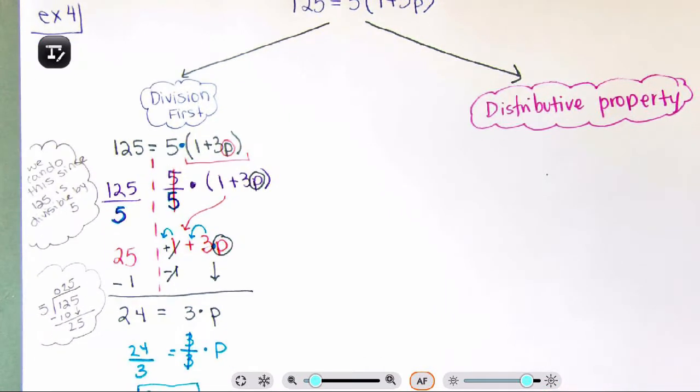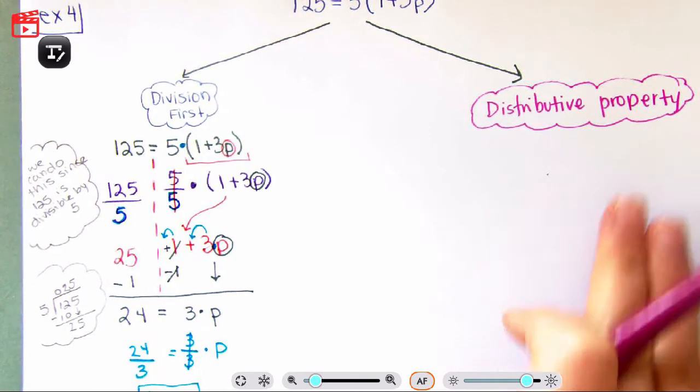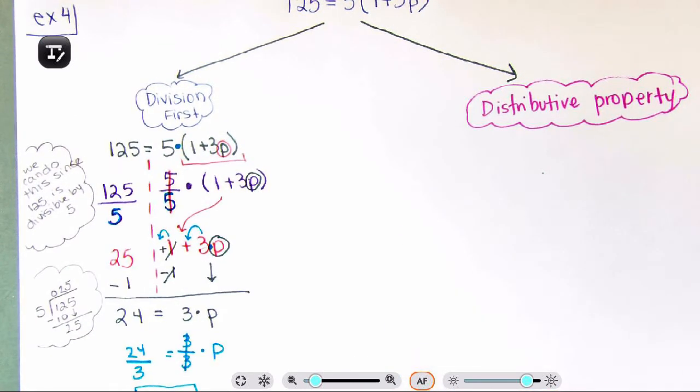If you don't know what the distributive property is, I'm pretty sure I have a video up on that. If I don't, then I will post one shortly.